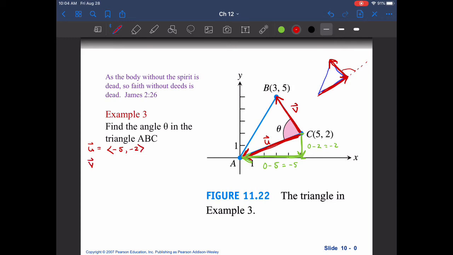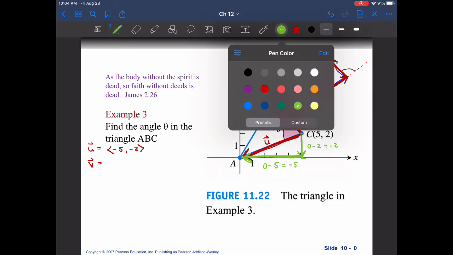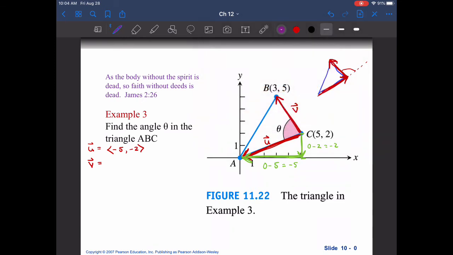And then vector v, here, when we look at it, it's going to have components, do them in purple, I guess. It's going to have a component coming over this way in the x direction, so it's in the negative x direction, and then in the positive y direction. So this one is going to be what? It's going to be final minus initial.